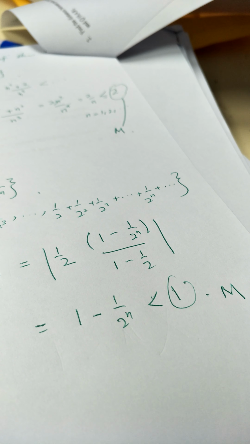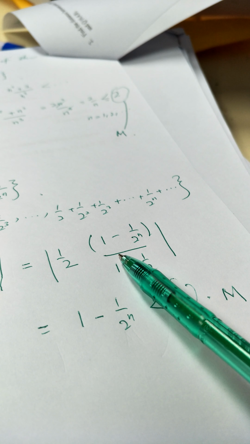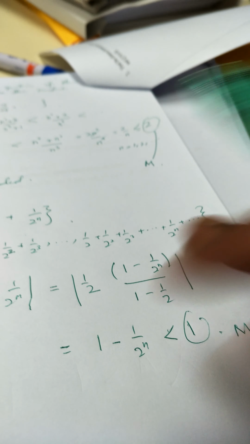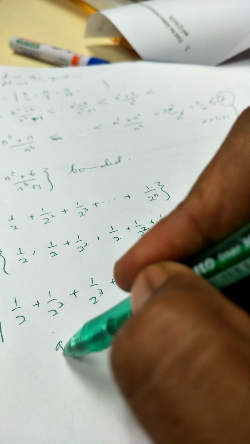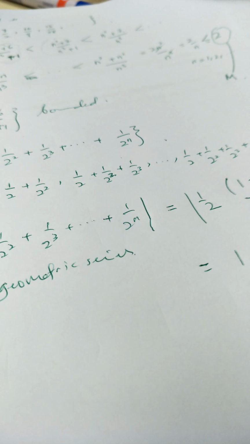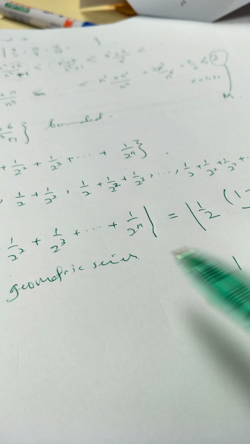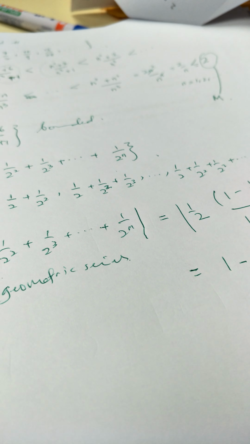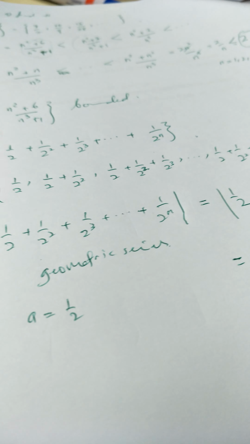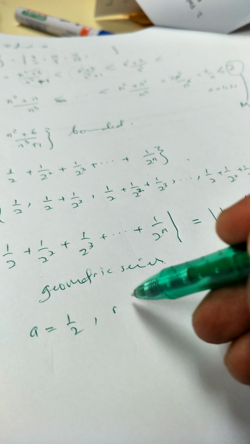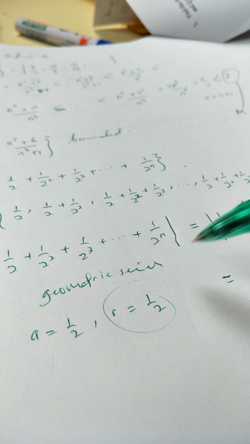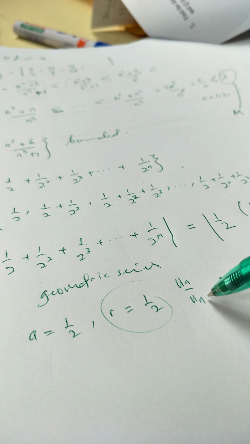You might want to ask me how to get this from here to here. As I said, this is the geometric series. Well, you can look at in the notes, school notes. You can find this thing. We have our first term is A, which is half. We have our r is half. How to get this? That's u n divided by u n minus 1.